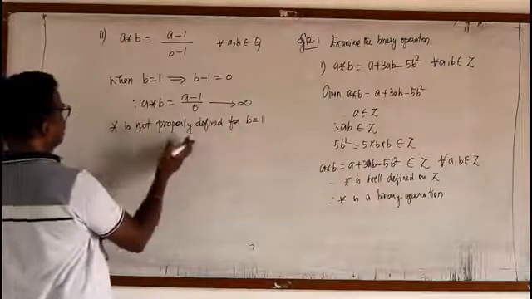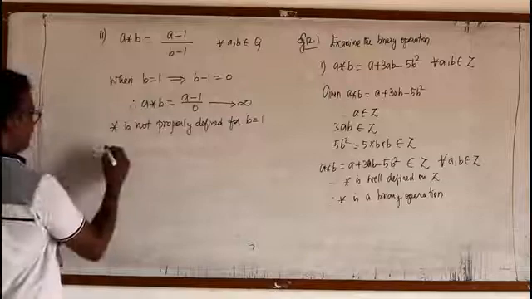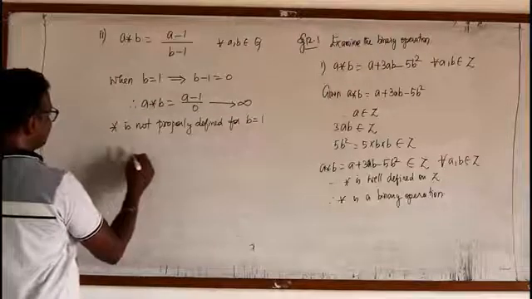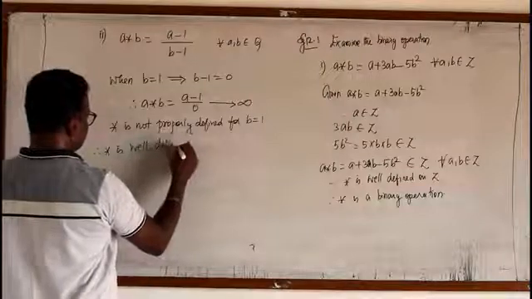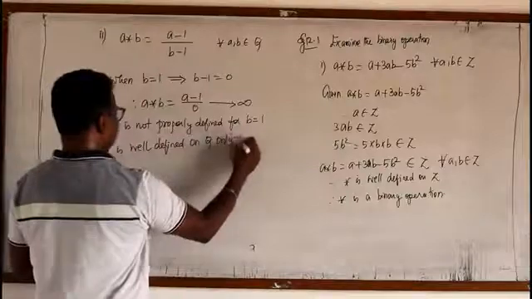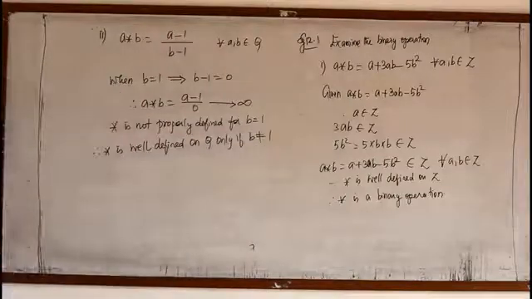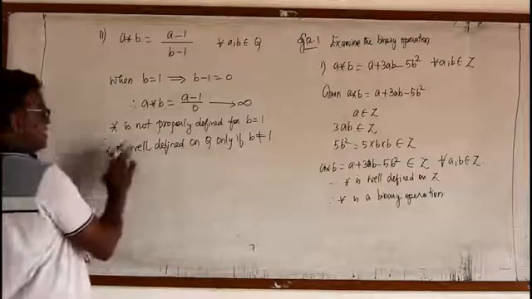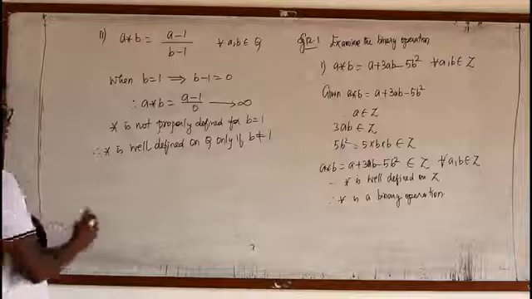But suppose if I say B is not equal to 1, then it is defined in Q. Therefore, star is well defined on Q only if B is not equal to 1. So we must define in such a way that star is well defined only if B is not equal to 1.